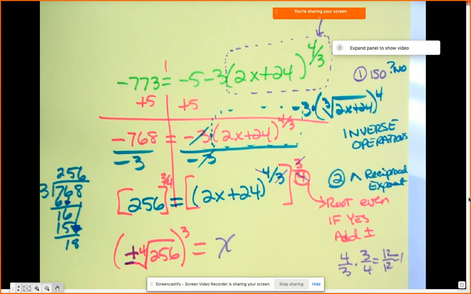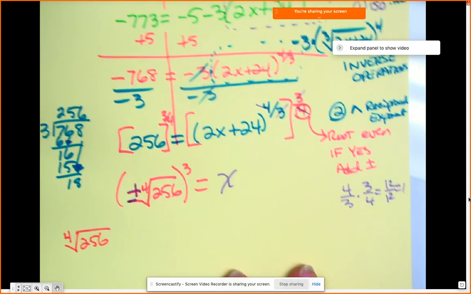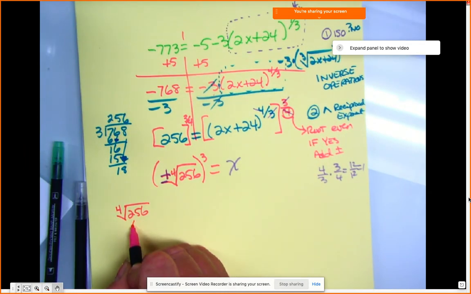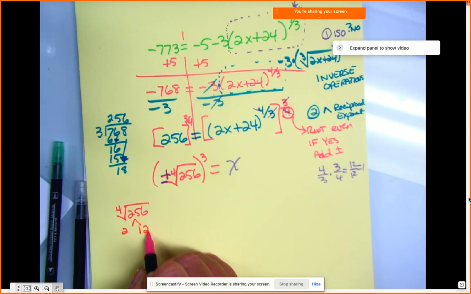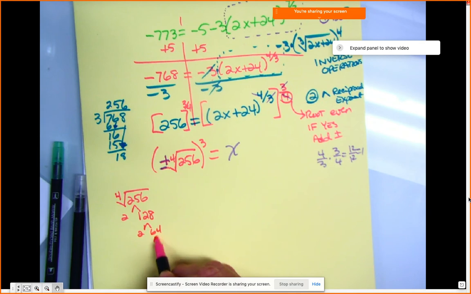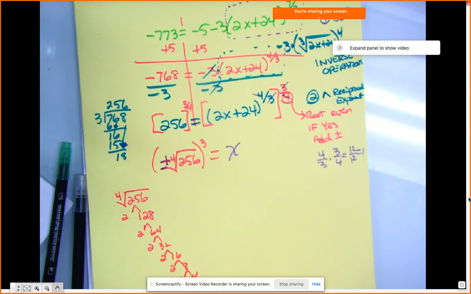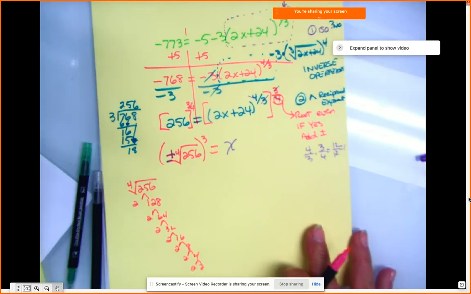256 happens to be, I'll do all the 2's in case you don't see it. I know that 4 goes in there, but I'll go ahead and say 2 times 128, 2 times 64, 2 times 32, 2 times 16, 2 times 8, 2 times 4, 2 times 2. I can divide by 2.